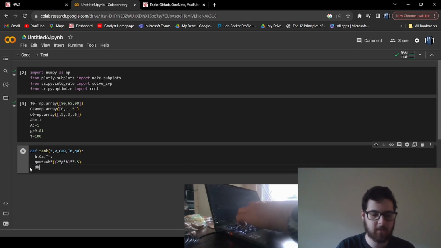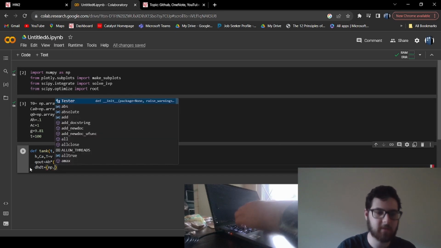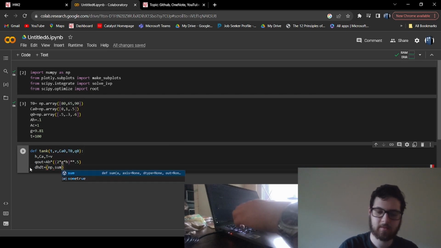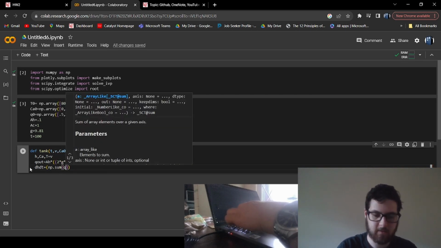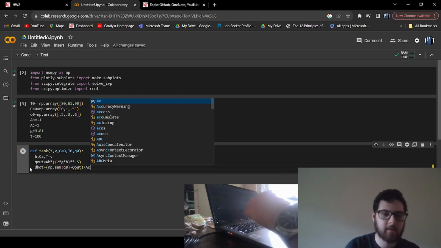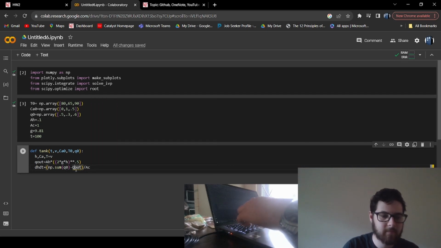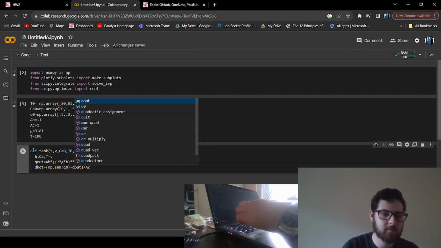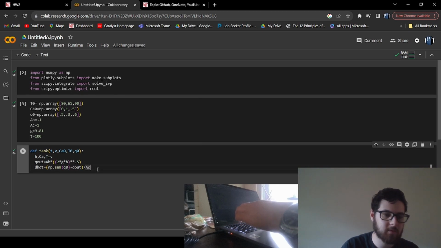And so next we need dH dt, which will be equal to the numpy sum of Q0 minus Q out, all divided by the cross-sectional area. Of course, it's not capitalized. Yep, likes it so far.